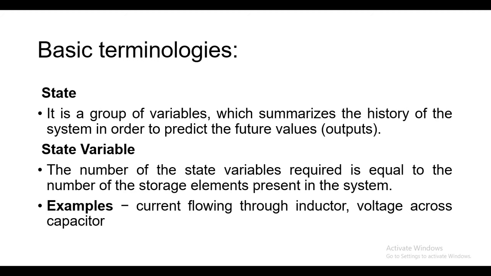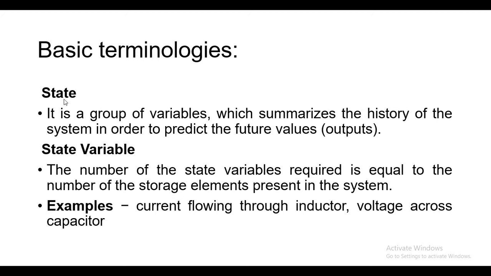I think you got this if you have your basics clear. So the state variables are nothing but storage elements, and the number of state variables required is equal to the number of storage elements present in the system.